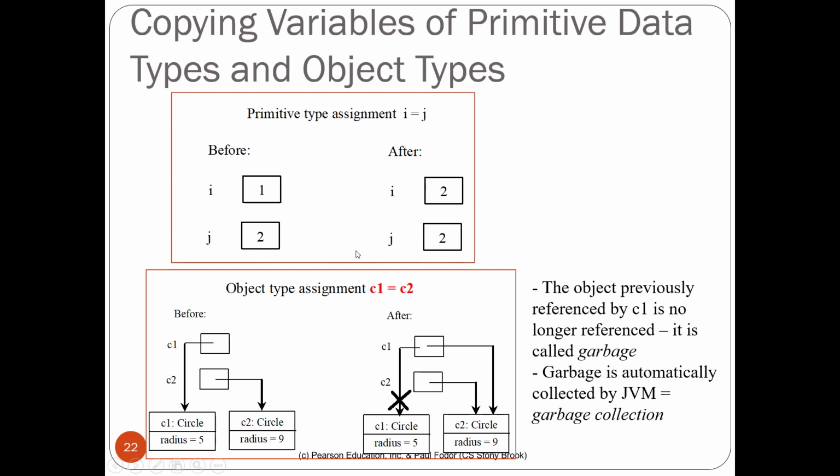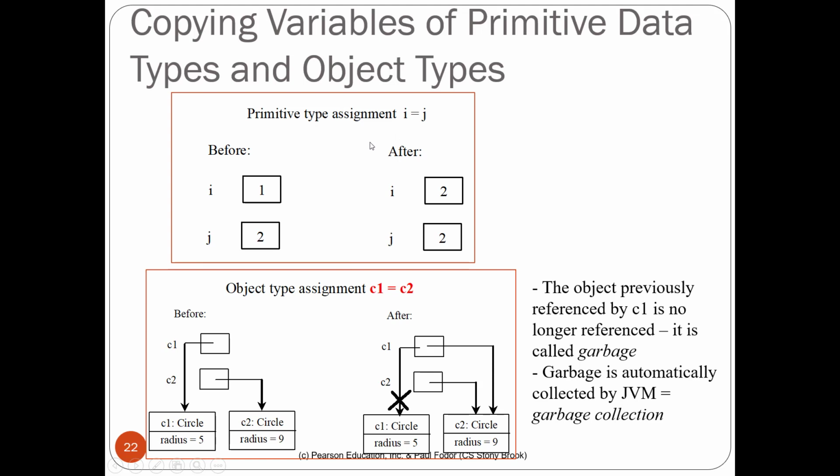So the result of this assignment of the primitive data type is such that I has got the same value which was there in j, but now these two are independent. I is independent of j, j is independent of I. You can increment or decrement I, it will have no effect on j. Similarly, you can change j and it will have no impact on I. So this is the thing that we probably wanted by doing this assignment I is equal to j.